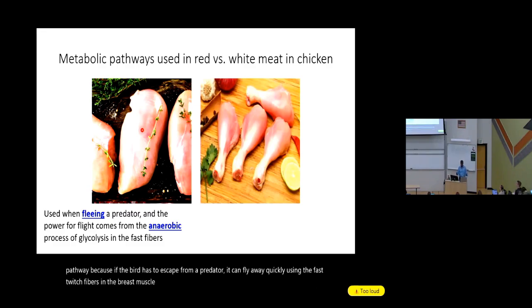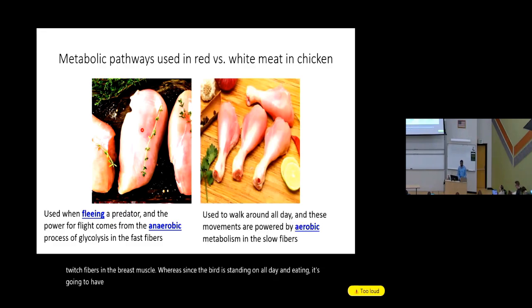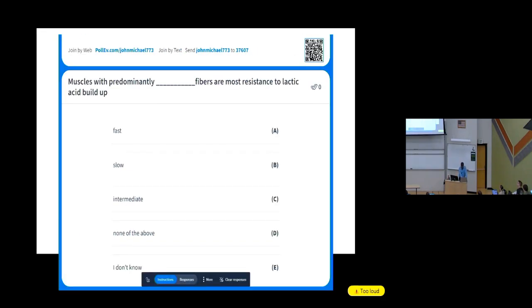Whereas since the bird is standing around all day and eating, it's going to have slow twitch fibers in the legs, which is why the legs and the thighs have the darker meat, which is going to use aerobic metabolism. Let's end with one last question.